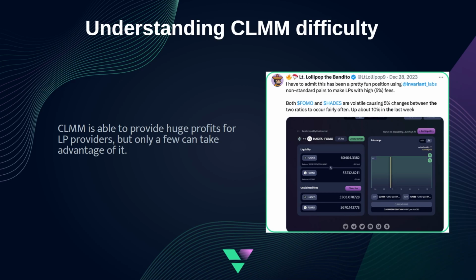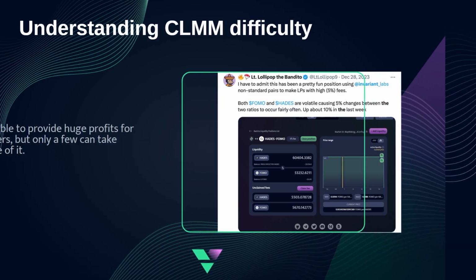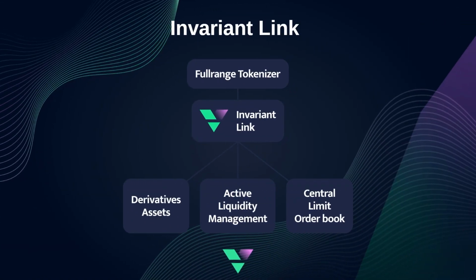We are thrilled to introduce our new project, Invariant, which emerged from the Hackathon. This platform will revolutionize the use of the concentrated liquidity market maker model, making it more accessible to everyone. Invariant integrates tools that enhance liquidity provision at various levels within the CLMM model. The first DEX to make its pools available on Invariant is Invariant, currently the only DEX on Eclipse using the concentrated liquidity model.